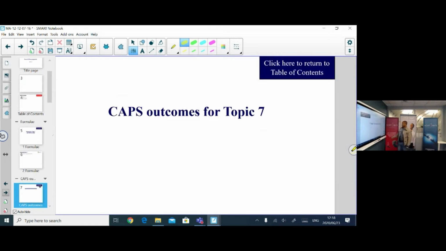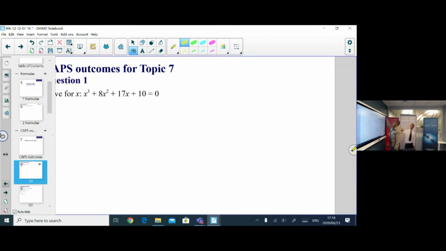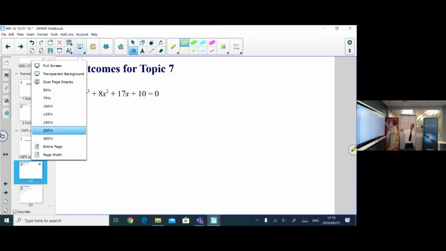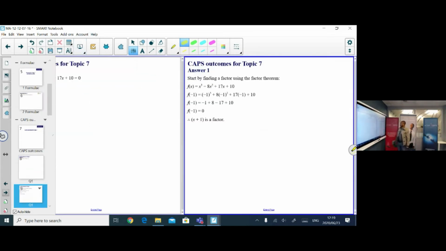So that is your CAPS outcomes, and we might have a question like this where you want to look for the solution of this problem. I'm just going to show you the question as well as the solution, because this is an example.